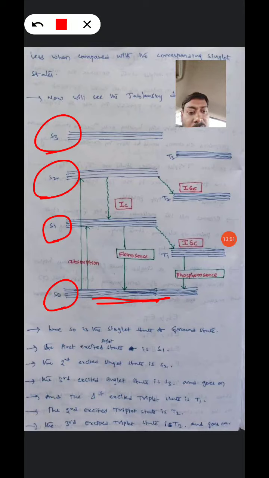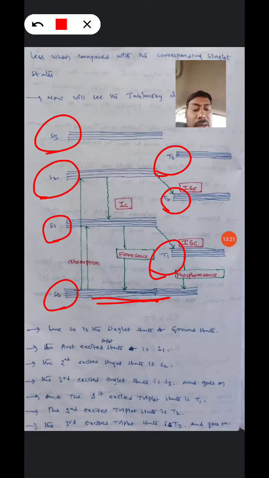And T1 is the first excited triplet state, T2 is the second excited triplet state, T3 is the third excited triplet state, and so on.